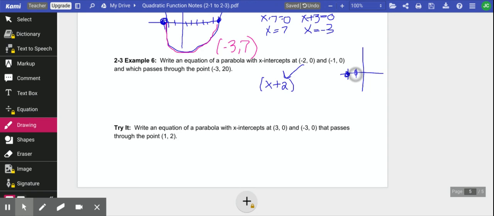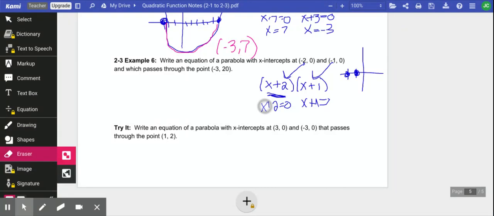And we have an intercept at -1. That means it comes from the factor x plus 1. Okay, so hopefully you can see if you take this x plus 2 and set it equal to 0, that gets you that -2 that we were talking about. And if we take this x plus 1 and set it equal to 0, that gets you that -1.